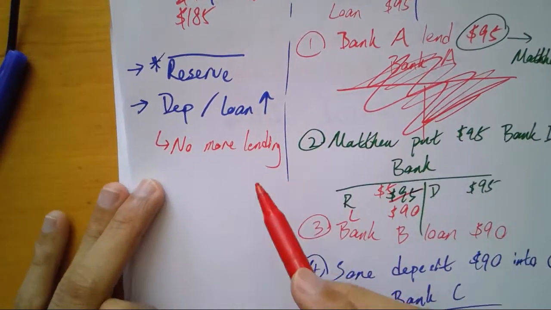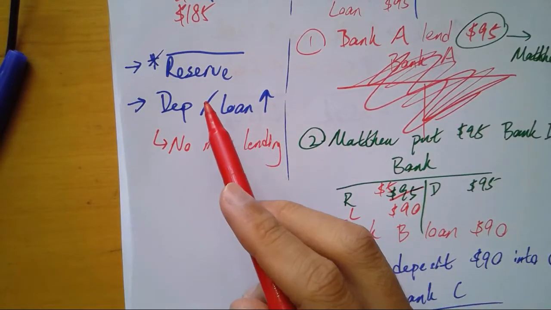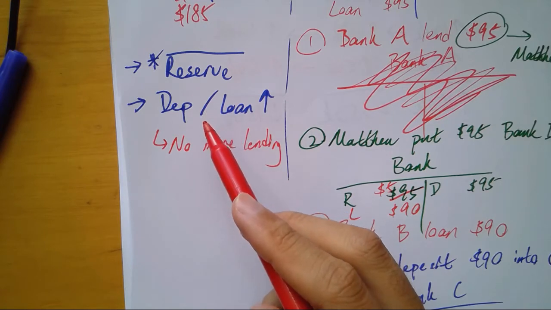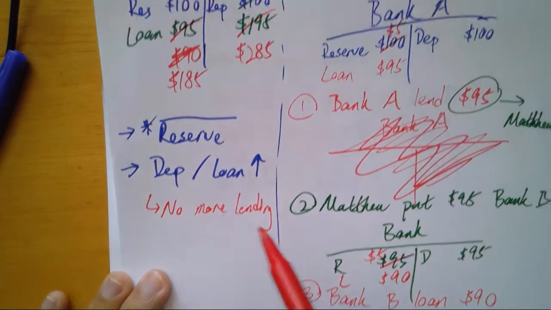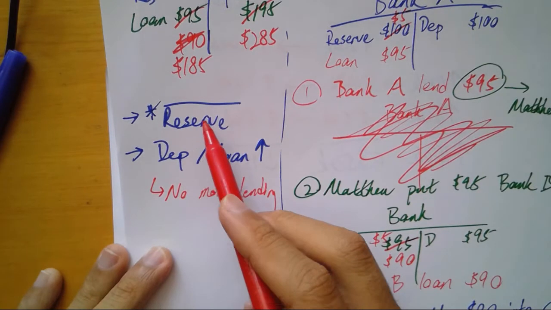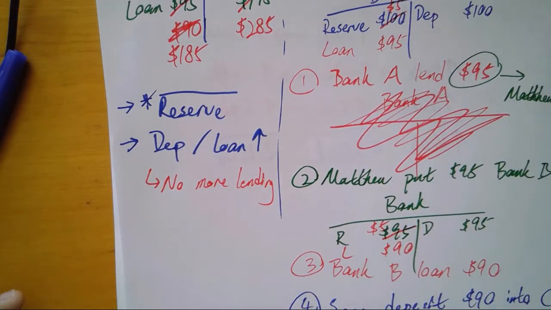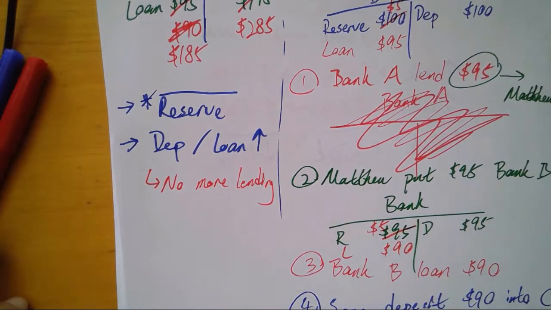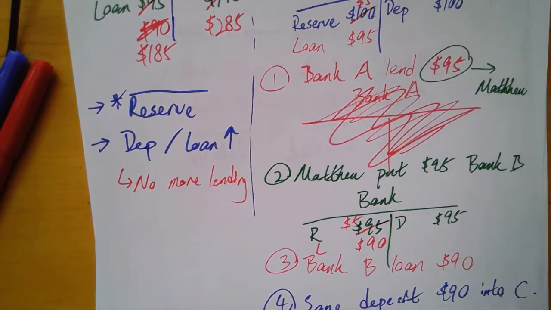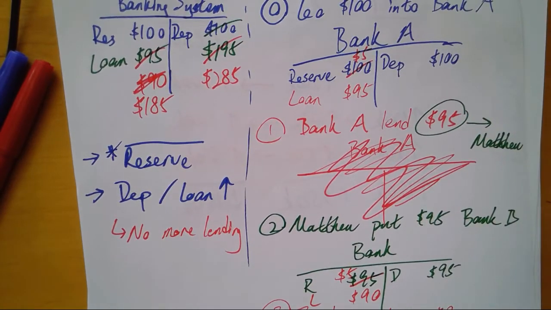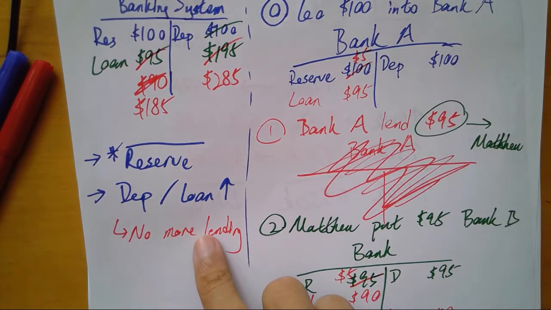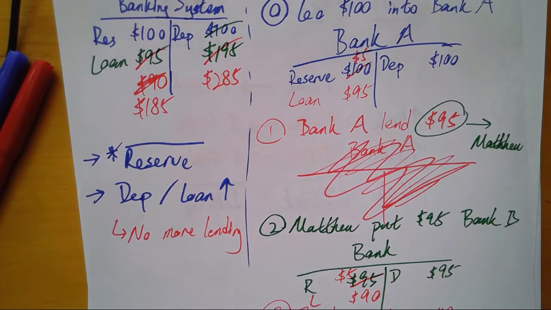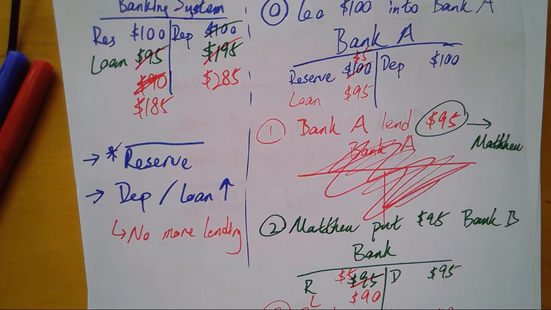Until the point when you cannot lend it out, and then this process will stop. 嗱見唔見啊？Deposit, loan keep going up, reserve remains unchanged. Okay, so this will be the process in simple. Okay, until no more lending or, very soon, no more excess reserve.